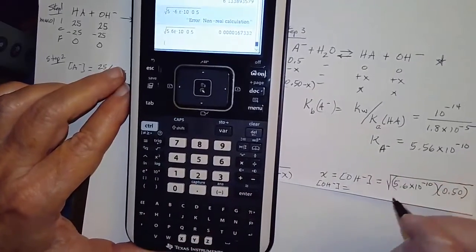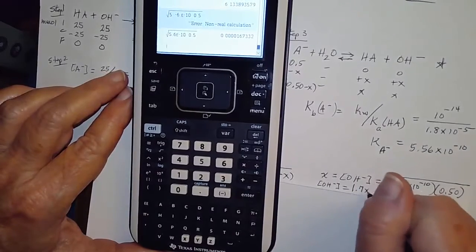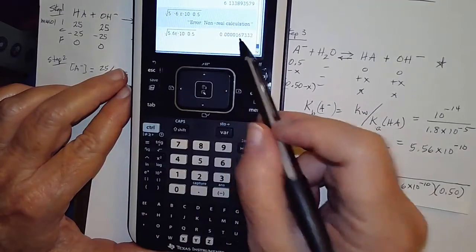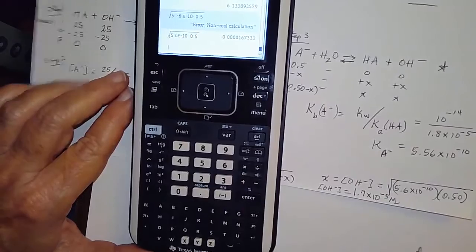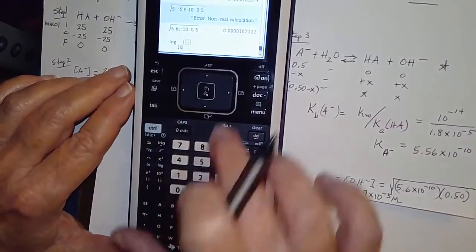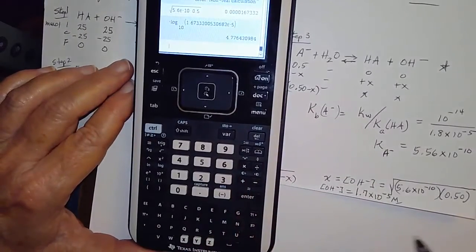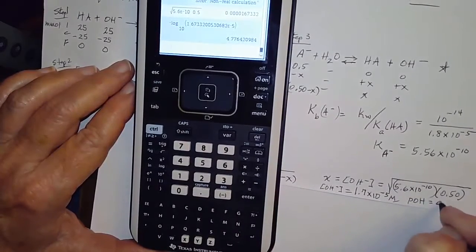Yes, I'm happy. 1.7 times 10 to the negative 1, 2, 3, 4, 5, I think. And that's a concentration. Now I'm just going to get the negative log of that. 4.78. So that's the pOH.